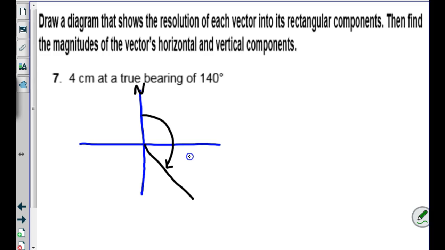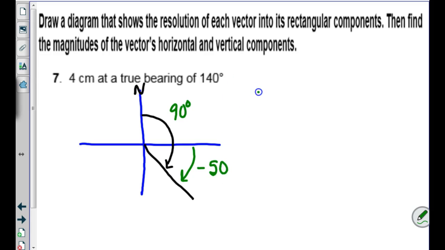How much is it? You could go all the way around this way, but yes, we could call this negative 50 because this is 90. Okay, so it's a 50-degree angle in here, but if we want direction, we need a negative.